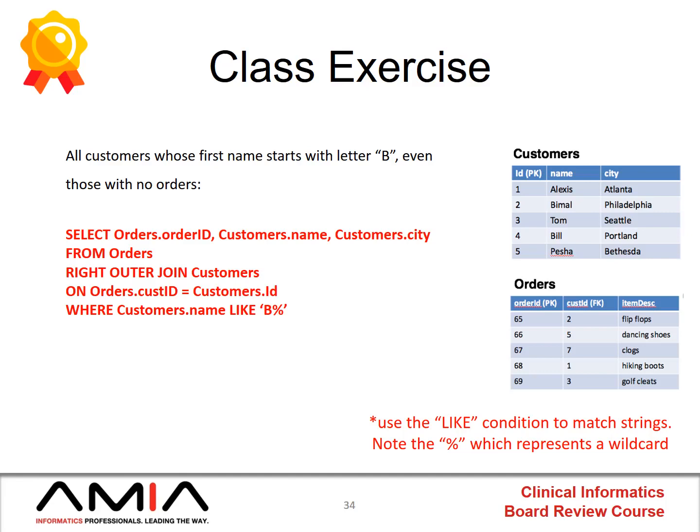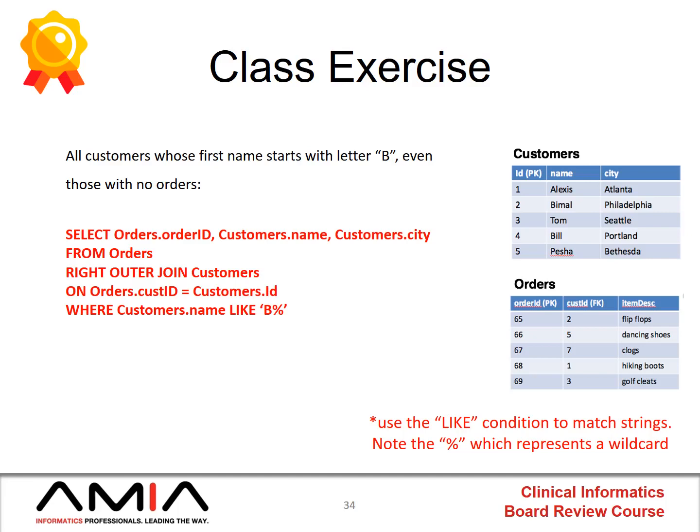In this case, if we're still going to keep the orders table as our from table, and we want to see null orders, we need a right outer join. So I've got select orders.orderID, customers.name, customers.city from orders right outer join customers on orders.customerID equals customers.id. So that's our typical outer join syntax.